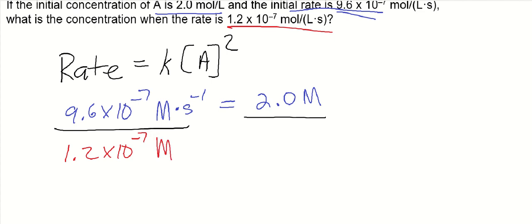You see why we move these exponents all to the numerators, because then you get complex looking fractions. Anyway, we're looking for the concentration at that second rate.